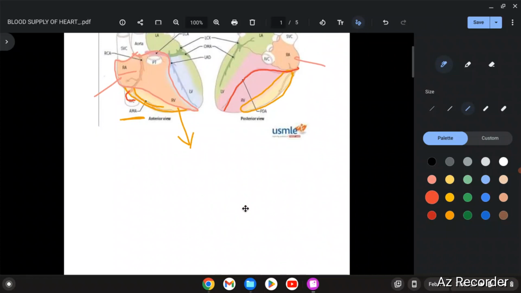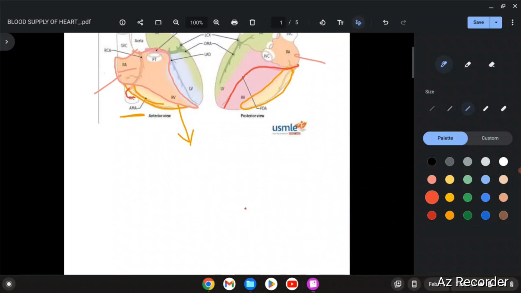Okay, now important one fact about it. In most of the people, your posterior descending artery, right over here, actually I didn't tell you the name of it. Okay, so when the right coronary artery comes on the posterior surface of your heart, it gives a branch known as posterior descending artery.